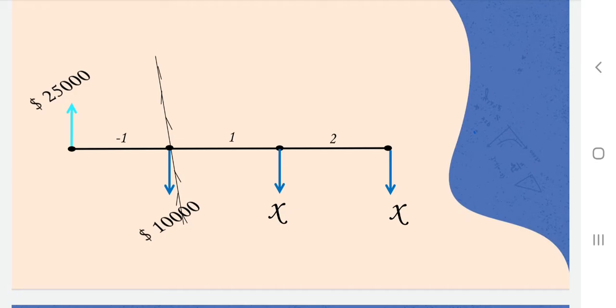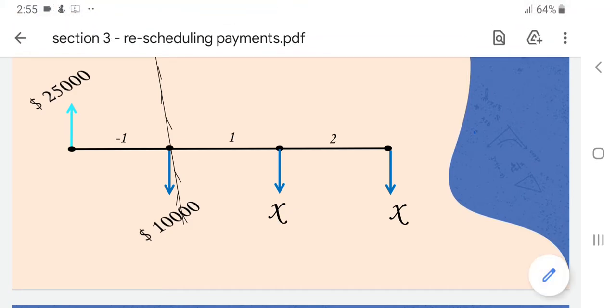We can use the main formula, which is SO equal $10,000 plus present value for X and present value for the second X.